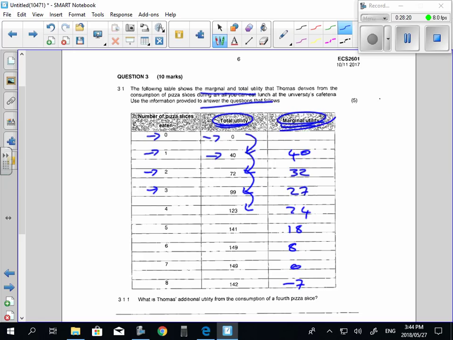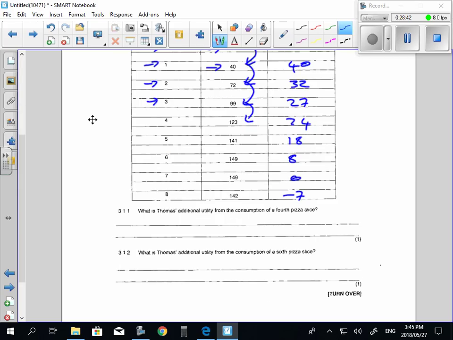So you need to remember that your marginal utility can be 0 and it can be negative. And when your marginal utility is negative, it actually decreases your total utility. So Thomas should have stopped eating pizzas at the 6th slice.